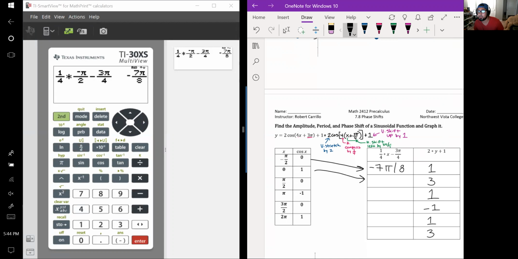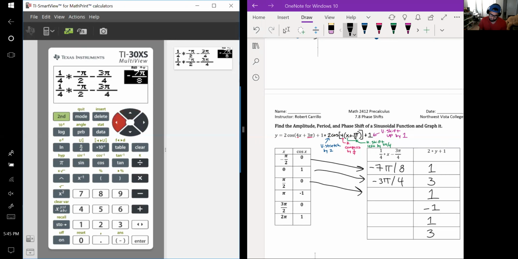All right, 0 should be easy. 1/4 times 0 is 0, and 0 minus 3 pi over 4 is negative 3 pi over 4. And then pi over 2 is next. So once again, just copy and paste, and then make that pi positive. 1/4 times pi over 2 minus 3 pi over 4, negative 5 pi over 8.